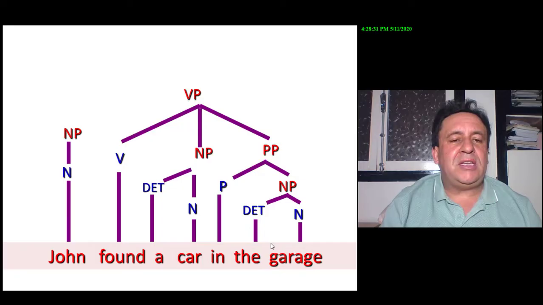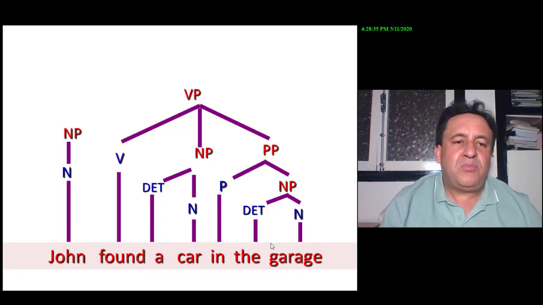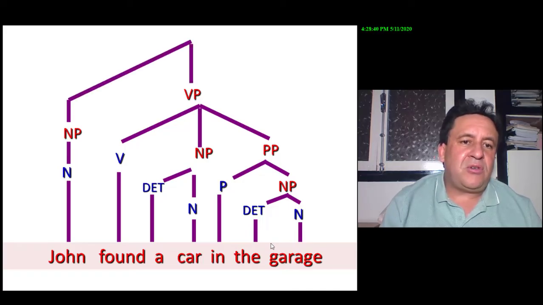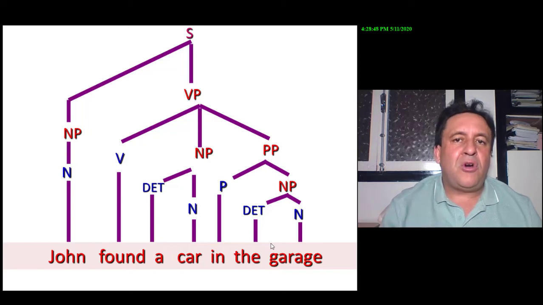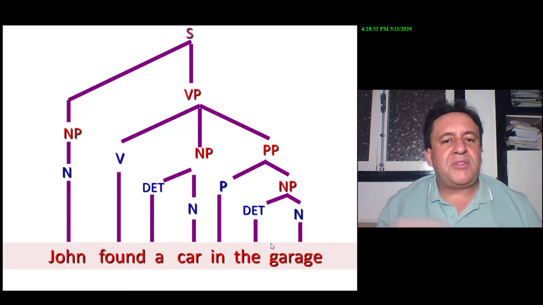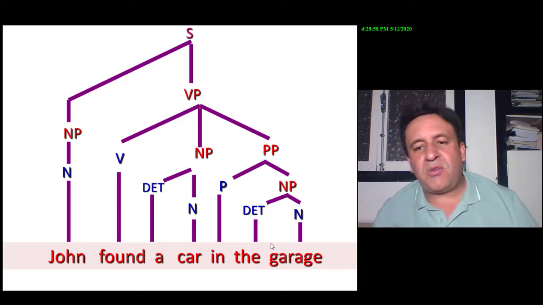And John is a noun, more precisely, a noun phrase. It's the subject of the sentence, and the S that we have here is the symbol, the notation that we use for sentence. So this is our phrase marker or our tree diagram for the sentence John found a car in the garage.